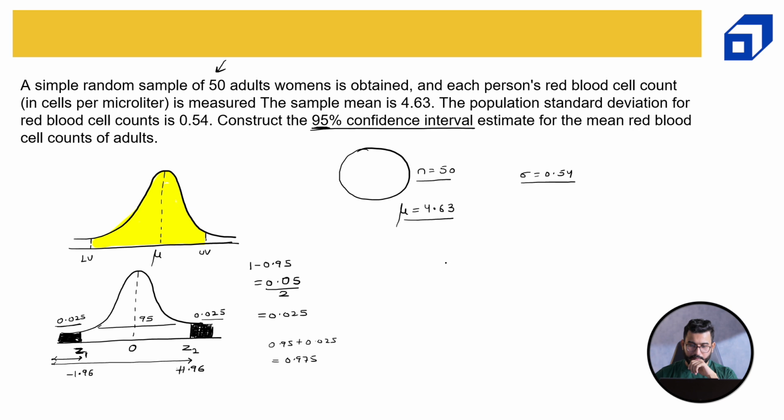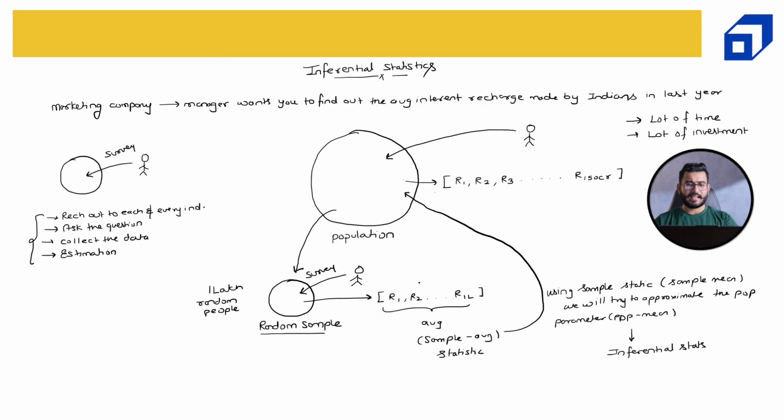From the sample mean, to estimate the population range or population parameter range. Why am I estimating a range? Because if my manager is asking me to find out the average recharge made by Indians, and I'm using the sample mean, I'm not 100% sure, right?